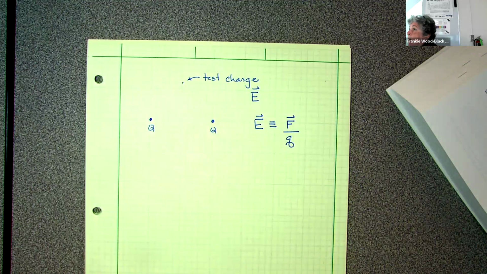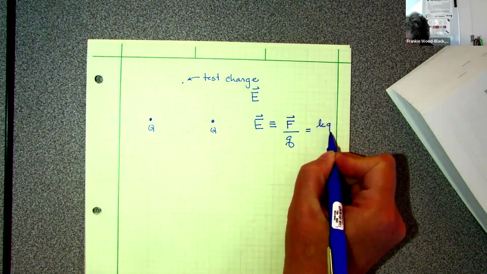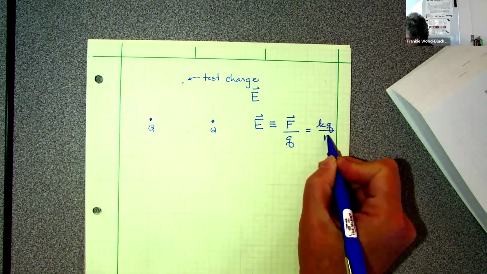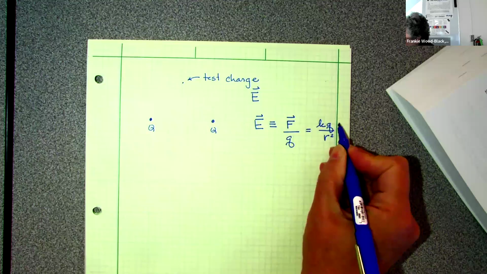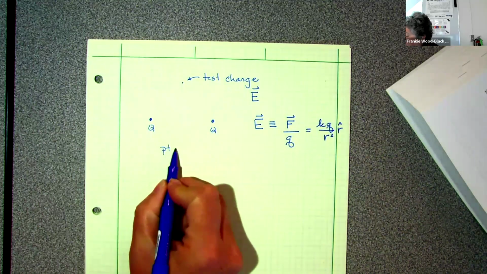So we could look at my electric field a little differently. And that simplified things because this would simplify into k q over r squared, r-hat, for our point charges.